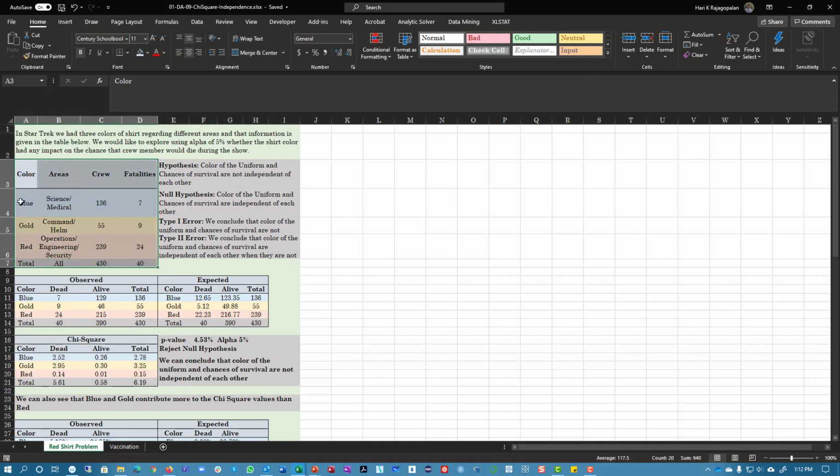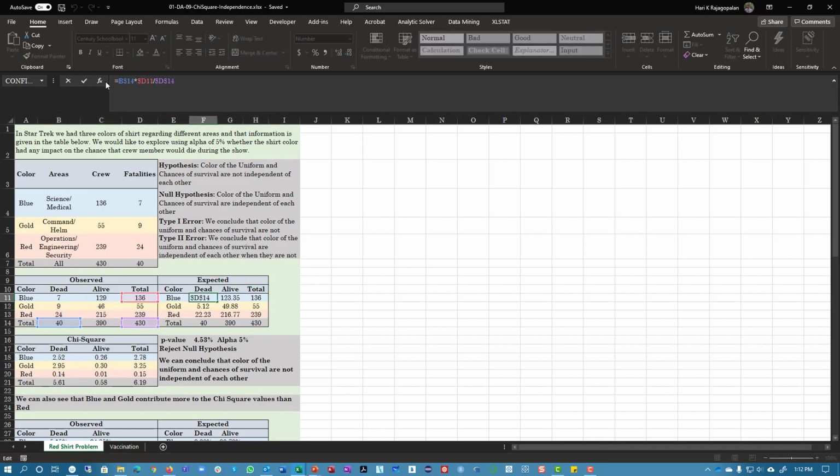And you saw how I took the data and made it into a cross tab, as you can see here. And we have created this information which is right here. So for the expected value calculation, I want you to focus up here.